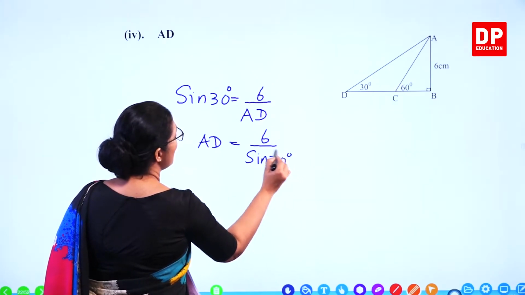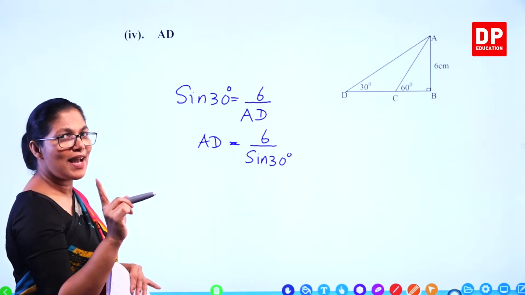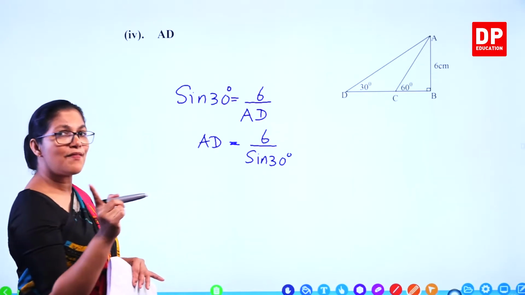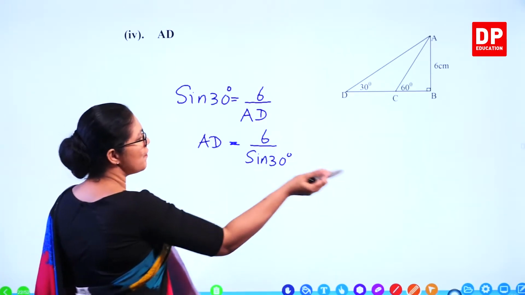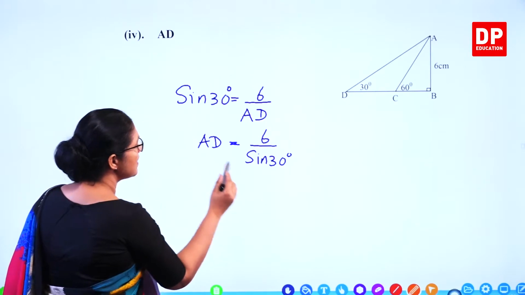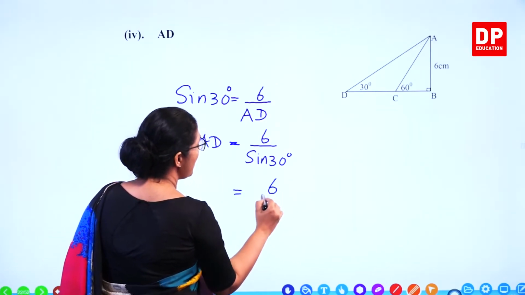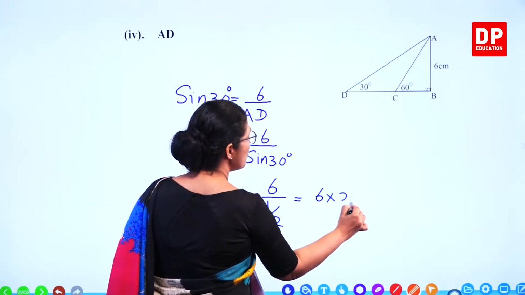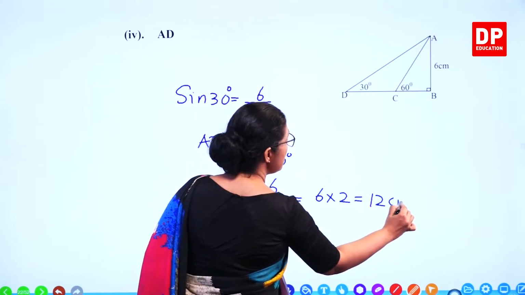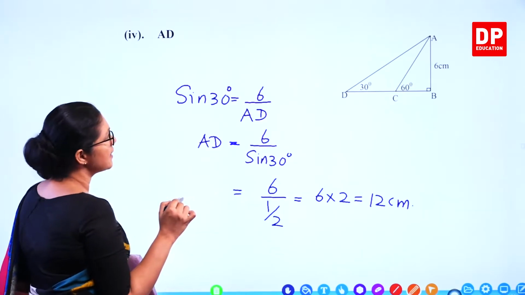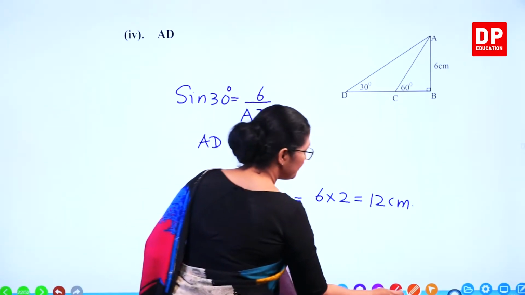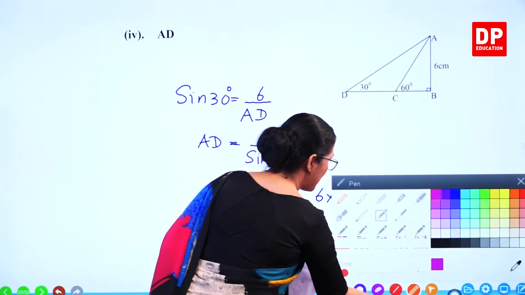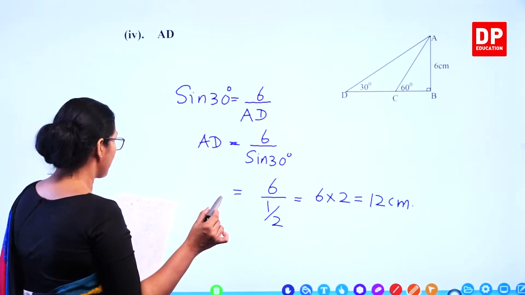Sine 30 value is half. Can you remember that? Sine 30 or cos 60 value is half. You can refer to the sine table and see. So 6 divided by half, that means 6 multiplied by 2, 12 centimeters is the AD length. So how many marks there? 2 marks.